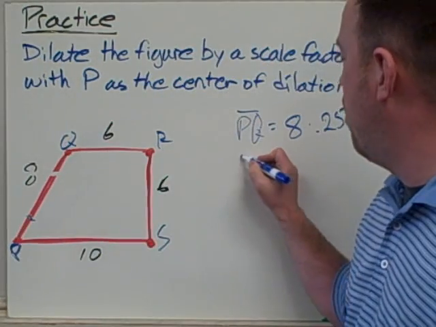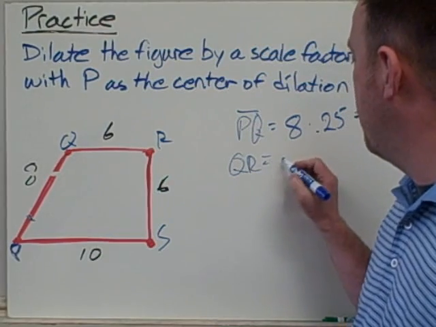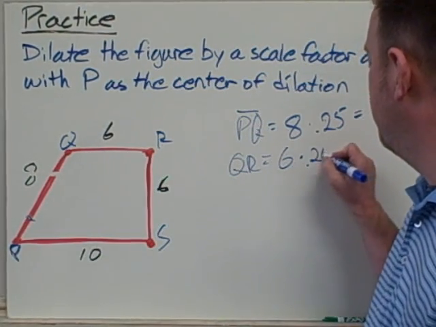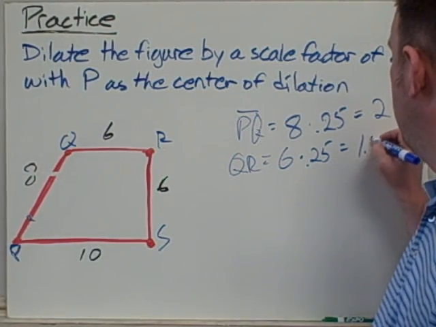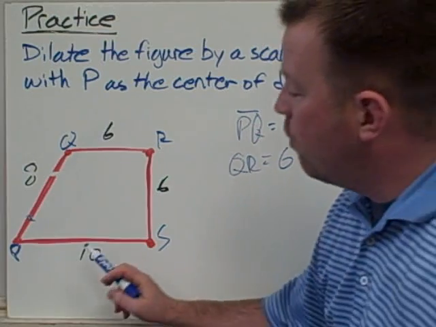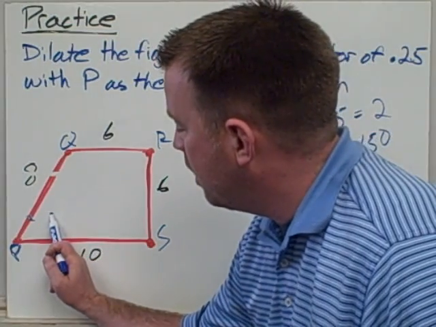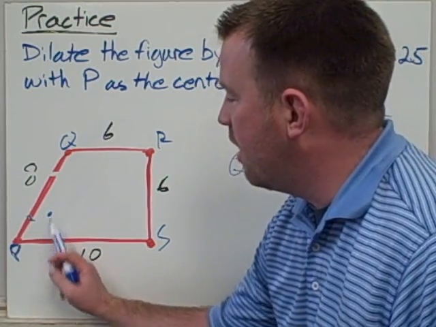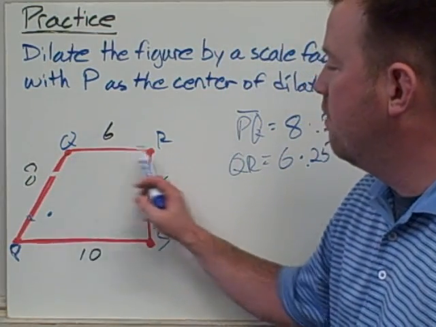Now we also have QR. QR is 6, and we're going to multiply 6 times 0.25, and that's going to be 1.5. Now we're just eyeballing it here, but here would be about 1.5. If this is 2, I could call that 1.5. It's a quarter of this one.